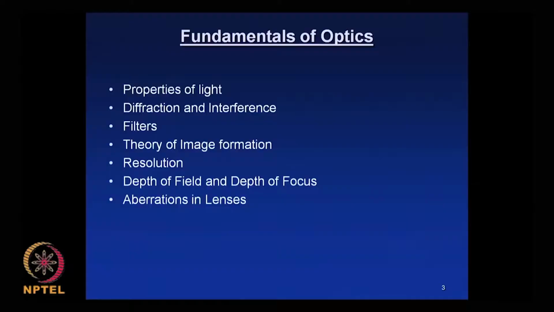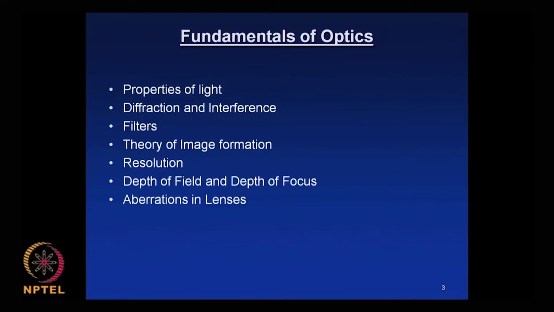In this course, we will see the optical and scanning electron microscopy and its various principles and techniques. Let me introduce the topics which I will be covering as far as the fundamentals of optics is concerned.